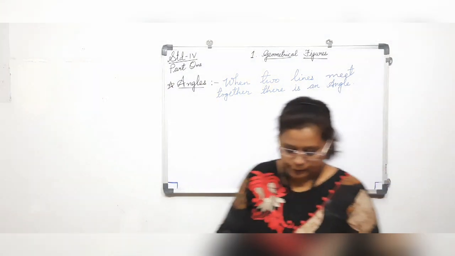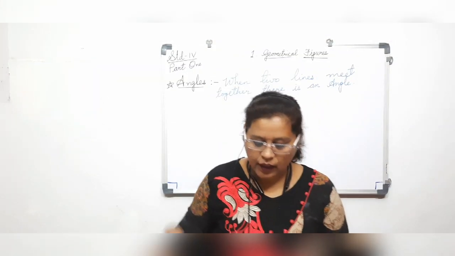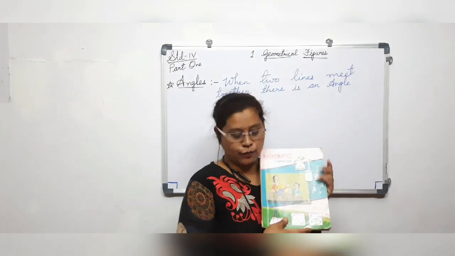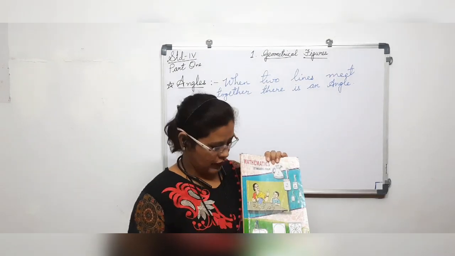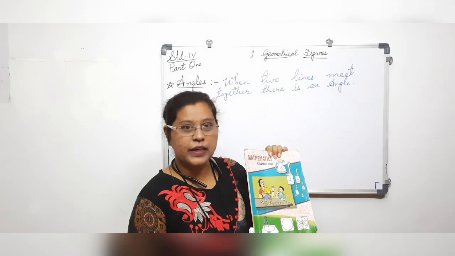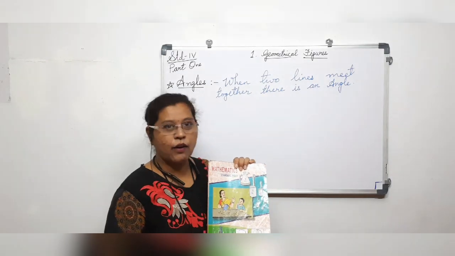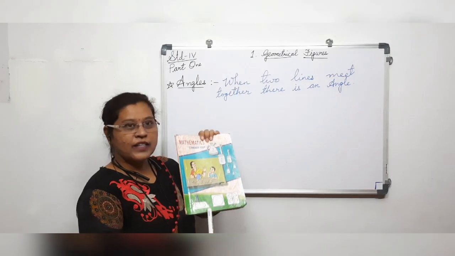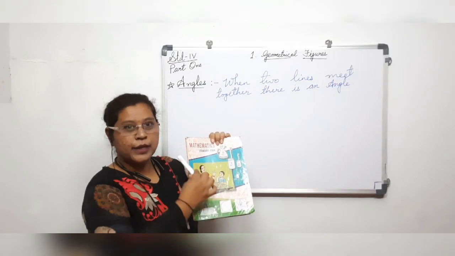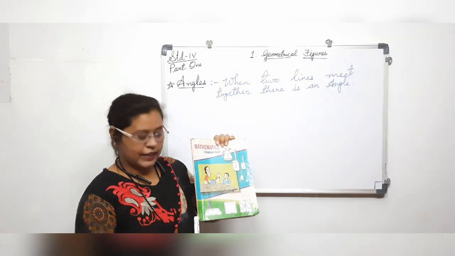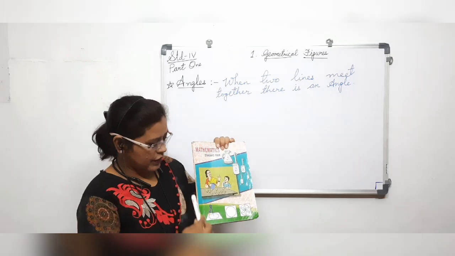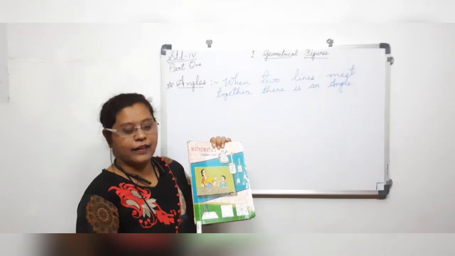Understood? Now for example, if you see your textbook, this vertical line and horizontal line meet together at this point, there is a joining point. So this forms an angle.